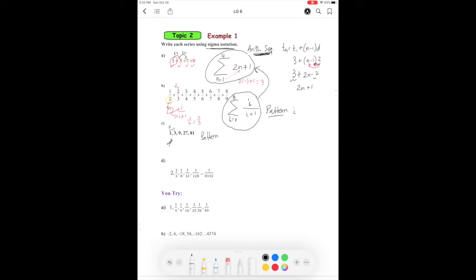Pardon me. This is going up by times 3 each time, right? So I know there's going to be a geometric sequence going on here, because we just did this. So I can just write the formula out.